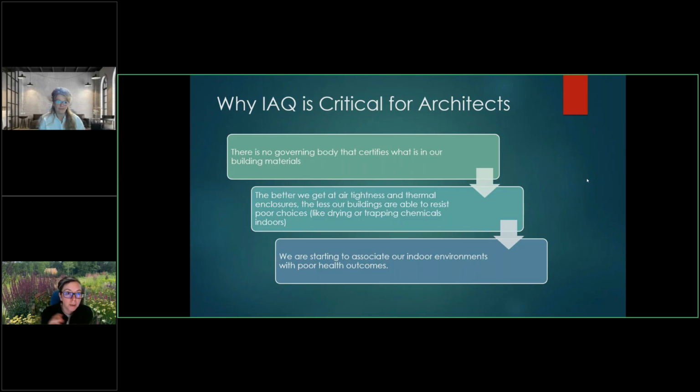We want to be making good building science decisions, making tighter buildings. But once we do that, we introduce other issues. A small mistake can have large implications in better buildings. And we're starting to associate those things with poor health outcomes.